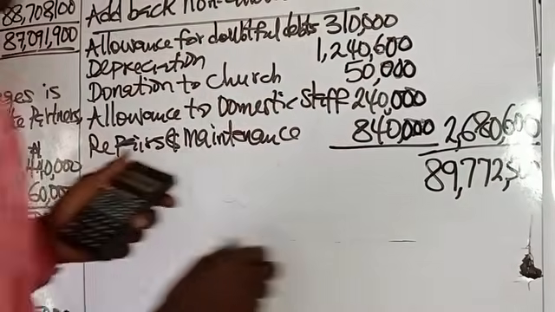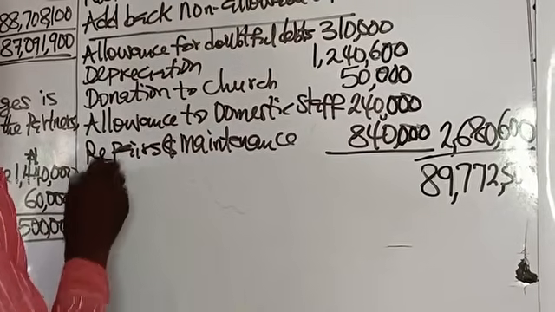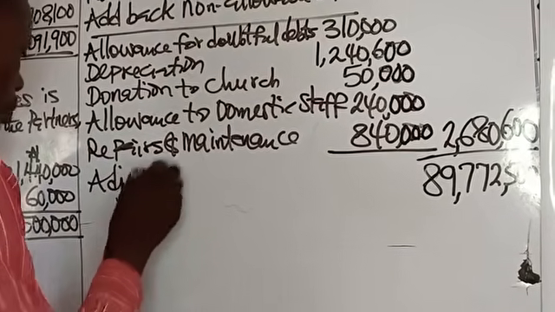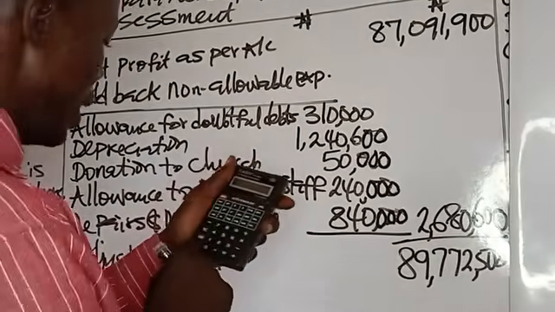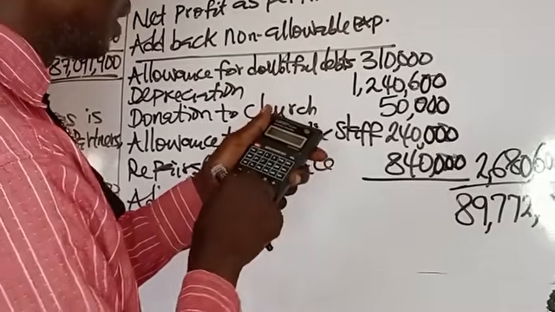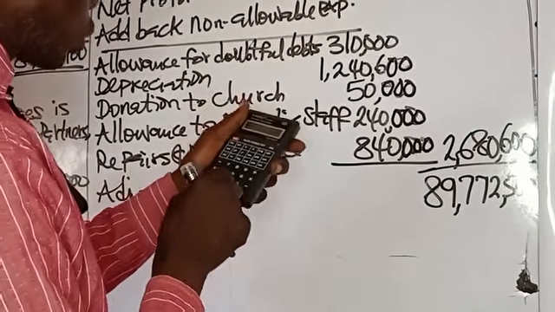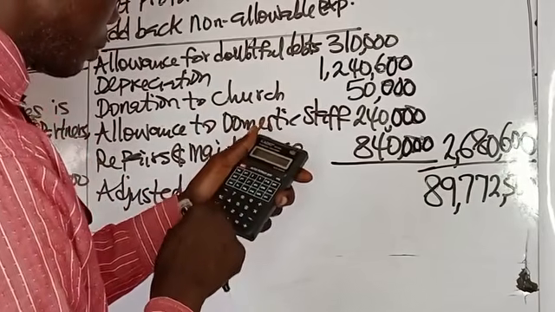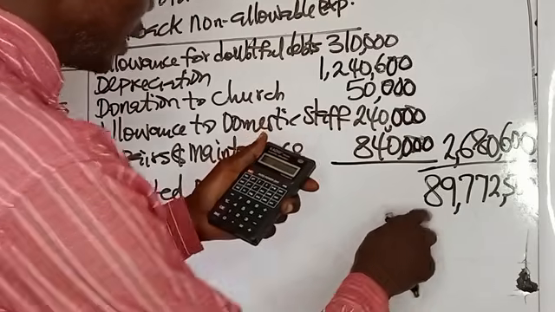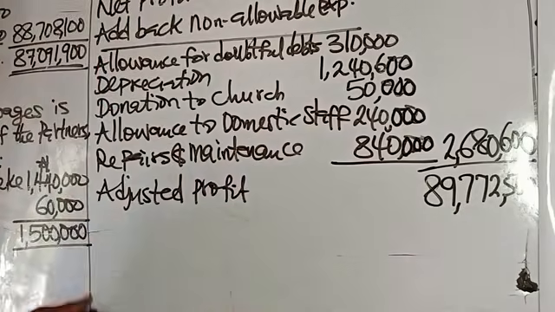That is our adjusted profit. Let me reconfirm that. 87,091,900 plus 2,680,600, we have 89,772,500. That is our adjusted profit.